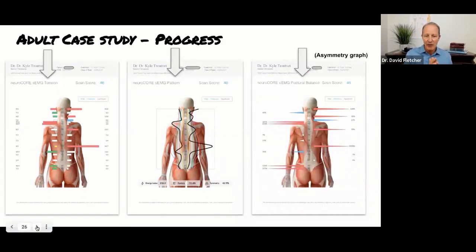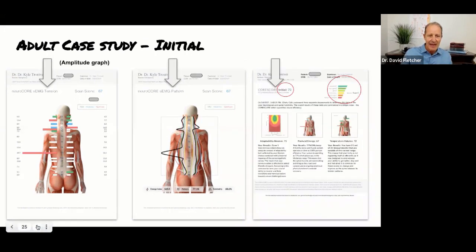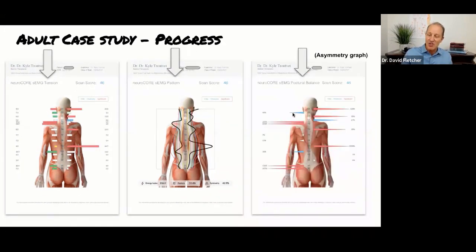So now we take a look at scan 2, and I always like to go back and just reflect on that. And I've added a third scan, which is the shear plan, the postural balance, and these are where you're looking at shear forces. I'm going to flip backwards one more time. Keep a look at that initial cervical grouping.